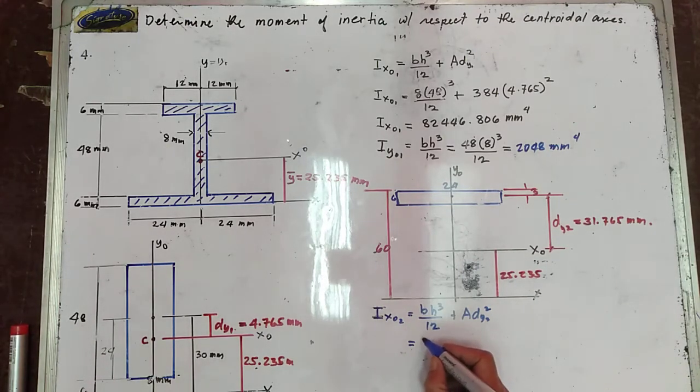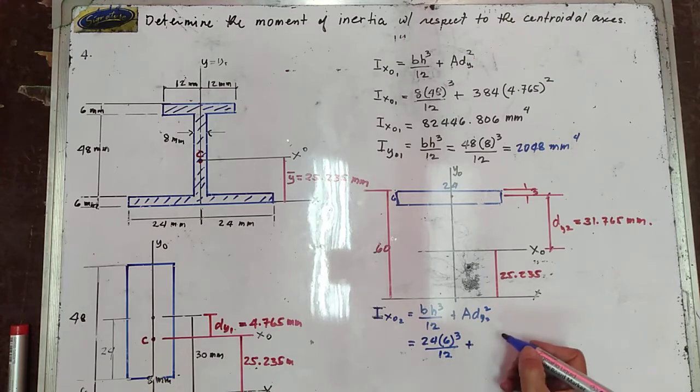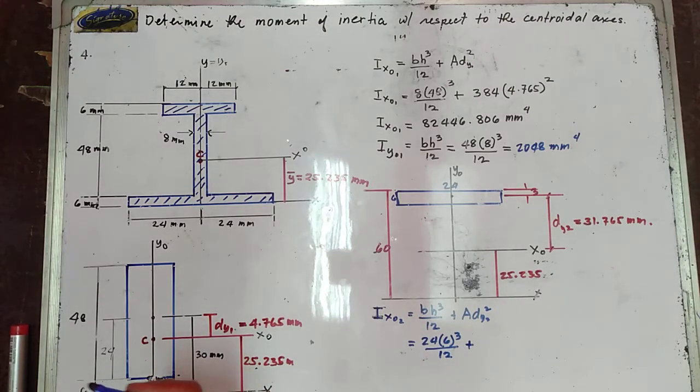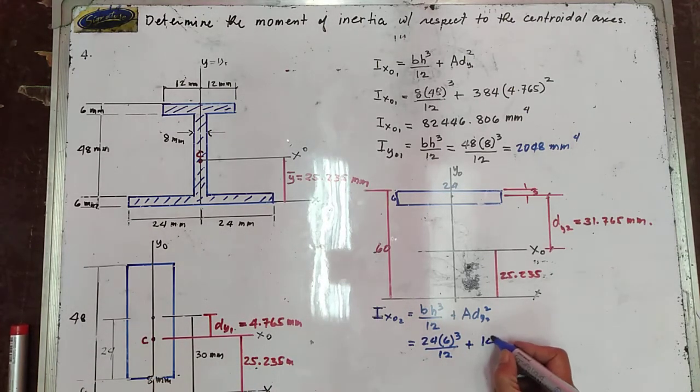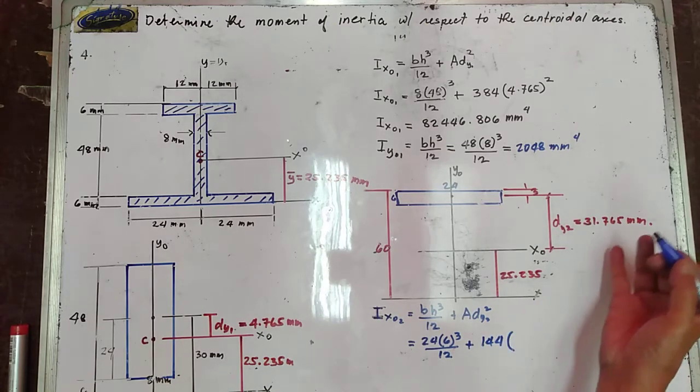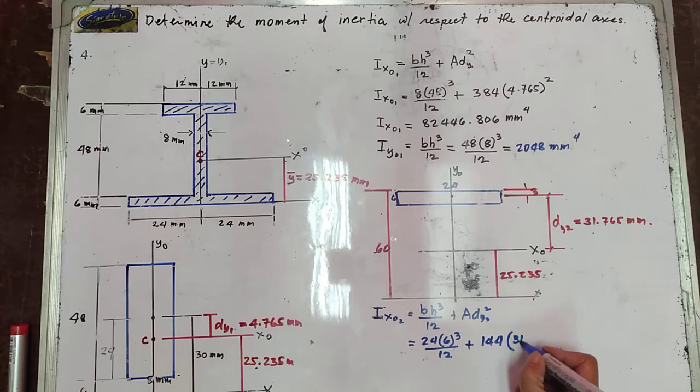So b is 24, h is 6 cubed all over 12, plus area is equal to 144, multiplied by dy2 square, that is 31.765 square.